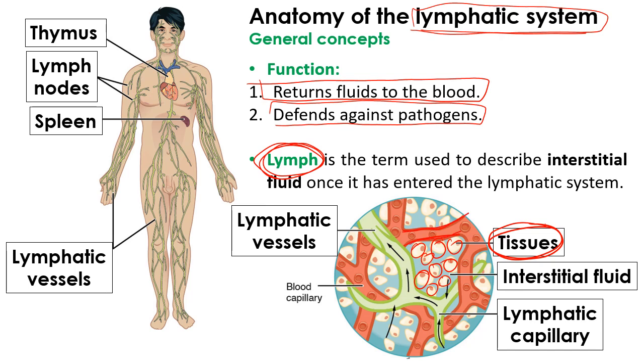We have arteries. So I'm going to draw these here. Just give me a second. Imagine these little circles represent tissues and cells. Here, it will be like a blood vessel. And if you remember, we have arteries. We have veins.